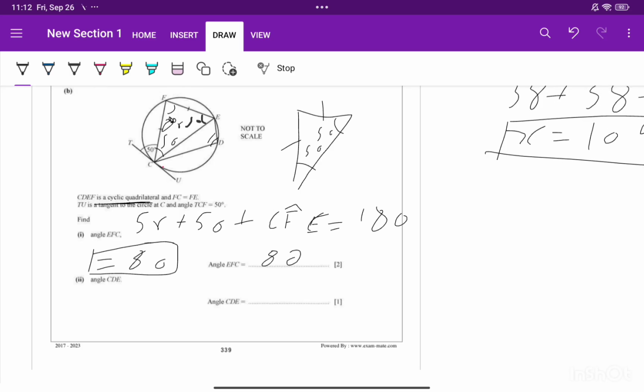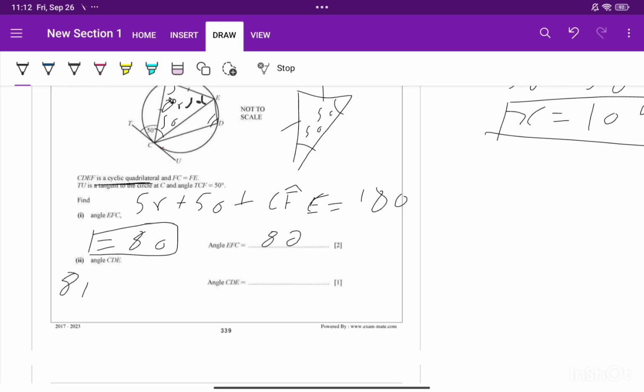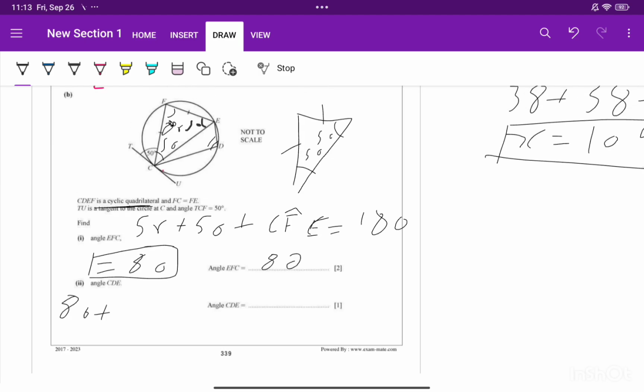So EFC is 80. So 80 plus EDC adds up to 180. So EDC will be equal to 100.